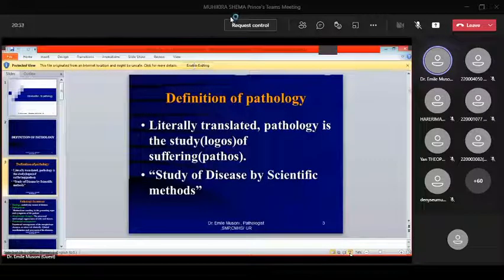So pathology focus on those issues of causes, pathophysiology, morphologic changes, and then clinical and predicting the prognosis of the disease.